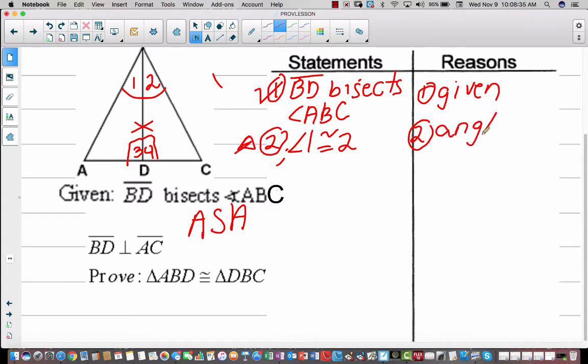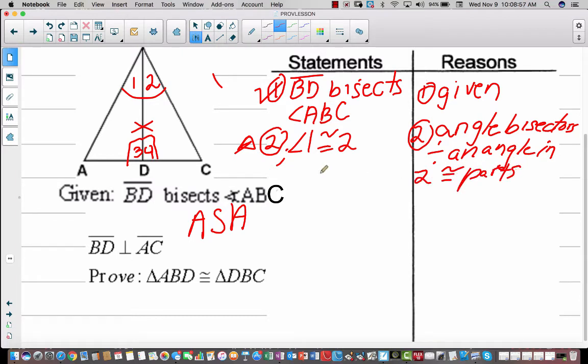An angle bisector divides an angle, or cuts an angle, into congruent parts. Moving along to the rest, go back to the givens.